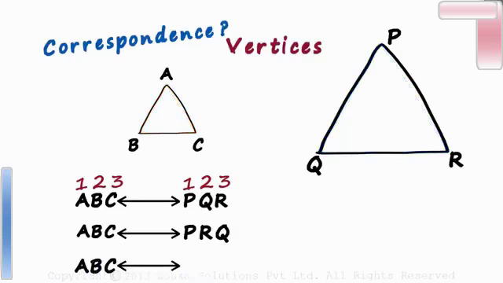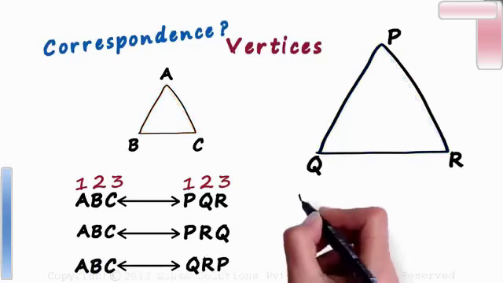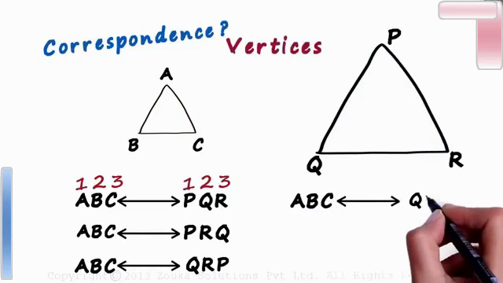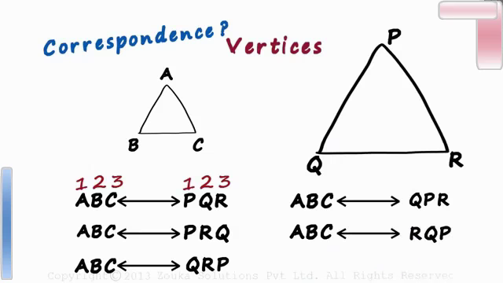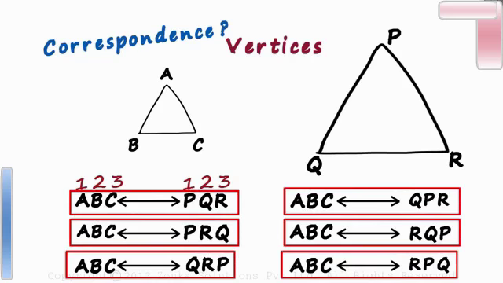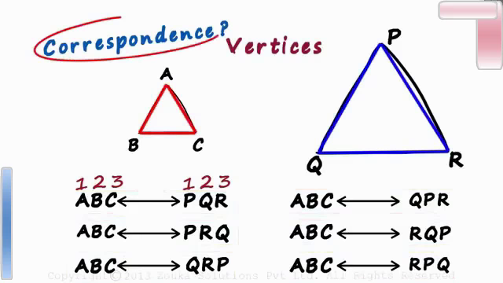ABC can correspond to QRP, ABC can correspond to QPR, ABC can correspond to RQP, and ABC can also correspond to RPQ. These are the 6 correspondence cases possible. So two triangles can correspond in 6 different ways.